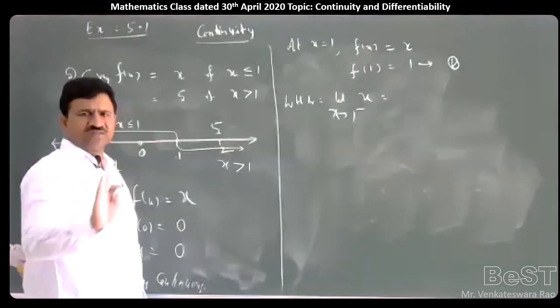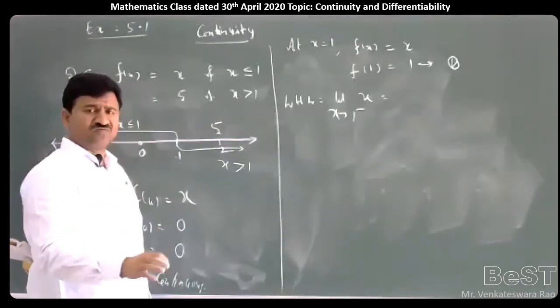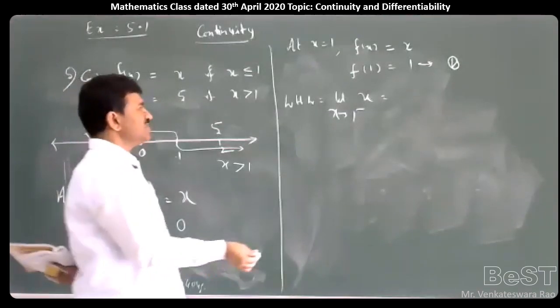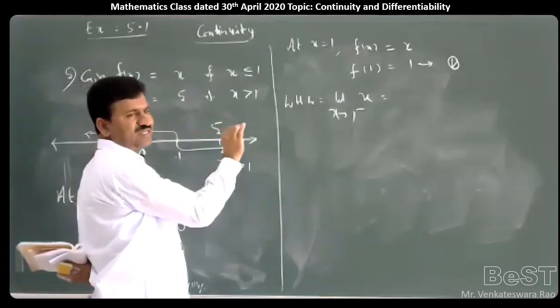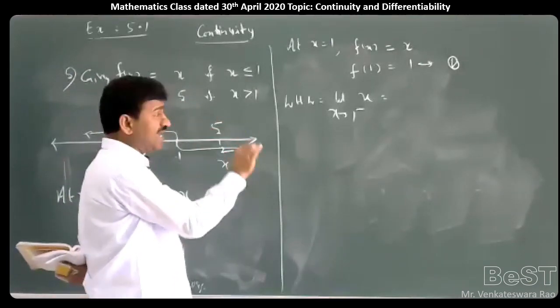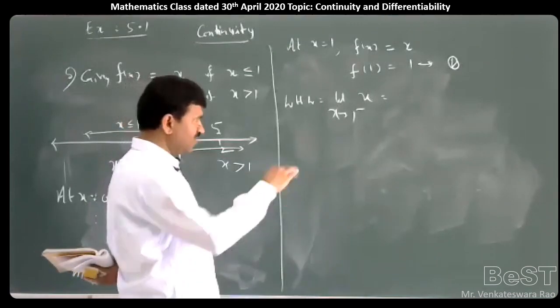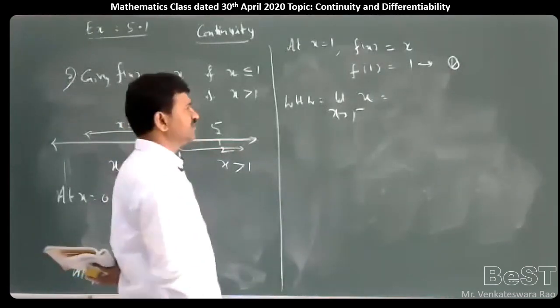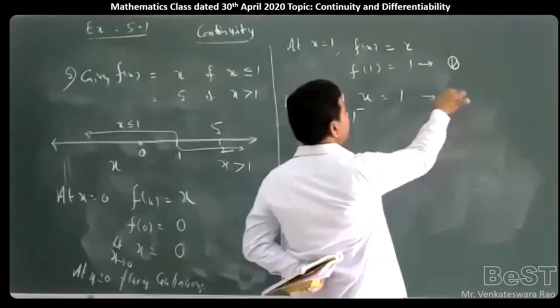Don't get confused. Minus 1 is minus 1. 1 minus just indicates the left neighborhood of 1. That's all. Put x equals 1, it is 1. Left limit value is 1.